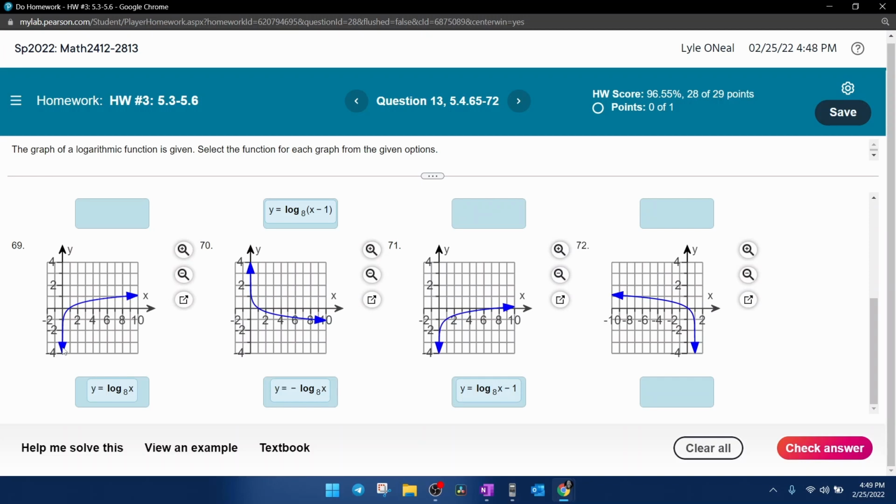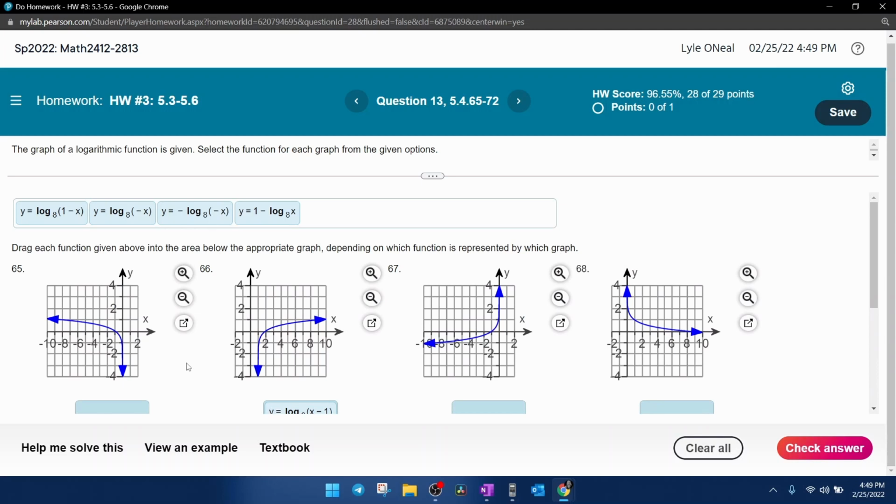Now we're going to have a graph that approaches the y-axis as a vertical asymptote, but curves up to the left, and the x-intercept would also flip over to be -1. So looking for a graph that comes up along the y-axis with an x-intercept of -1, that looks a whole lot like 65. So we're going to drag and drop him in there.